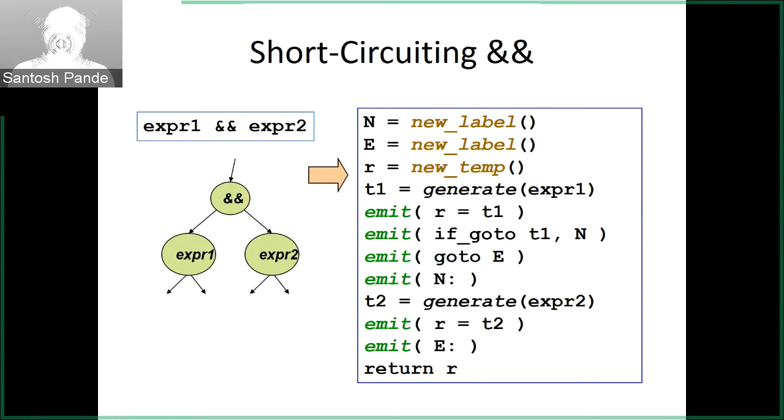The second dynamic code path would be, of course, that expression 1 evaluates to false. So we have a fall through here. And then we have an unconditional branch straight outside, in E, which will exit things out.